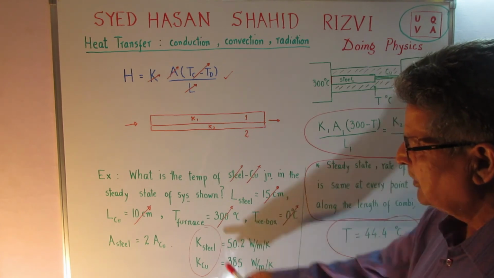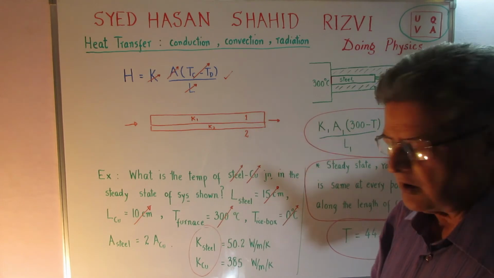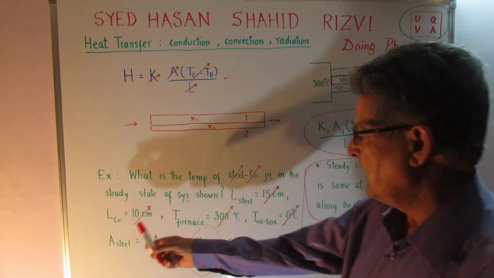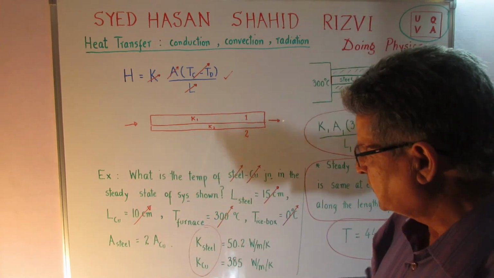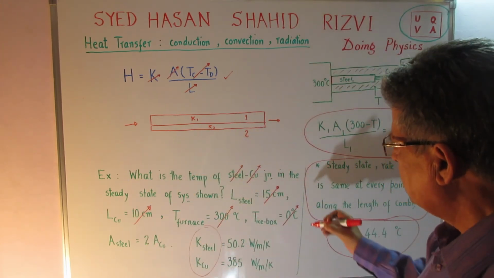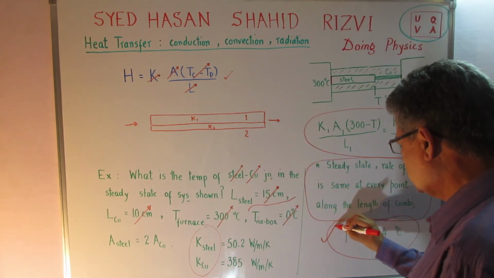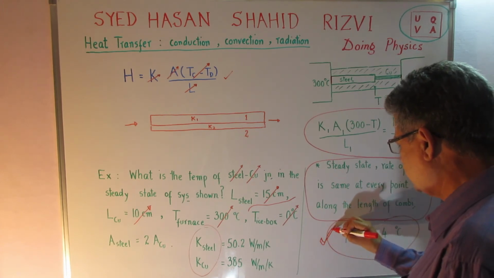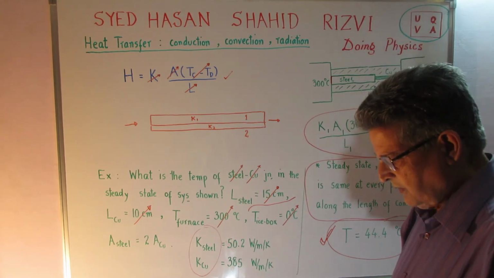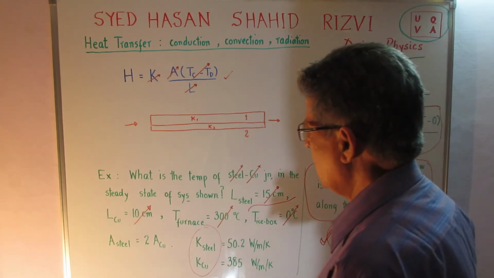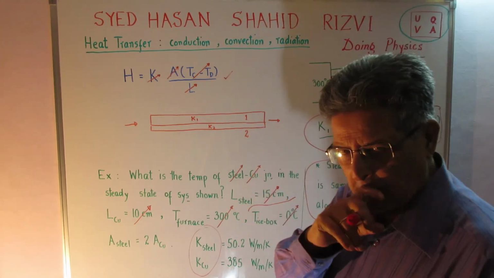In a question like that, one can provide you the ratio of K1 and K2, and you can also be given the ratio of A1 and A2, and the ratio of L1 and L2, and then be asked what will be the temperature, sorry, not this temperature but this temperature, or what kind of variation is expected in this temperature. So with that, I think I have done justice to the conduction part.